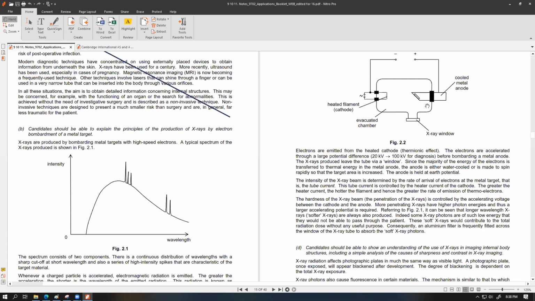These jumps happen more frequently compared to other types of X-ray emission. That's what gives us a much higher intensity, or more emission per second of energy, at that wavelength value. In simpler terms, these spikes exist because of the energy shell differences of the metal target atom's electron shells.